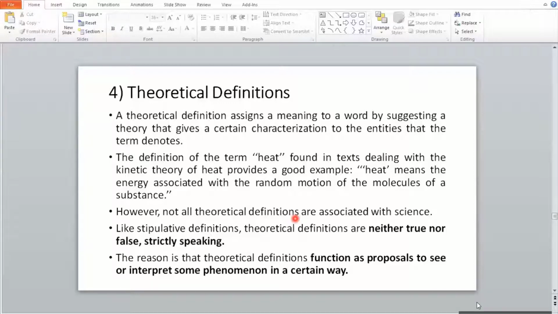The reason why we cannot say that the theoretical definition is either true or false is that theories can be deconstructed again, because knowledge is not something that is static. Through the change of time, theories may be deconstructed. They may not be acceptable.